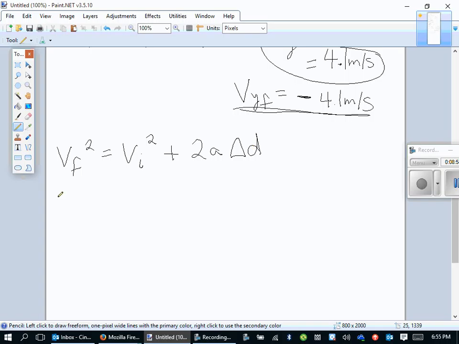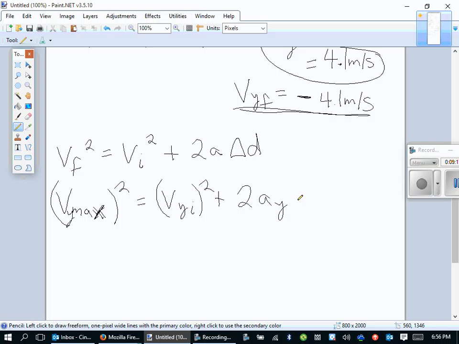So my V final, I'm doing this at the max, my Vy max squared equals my Vy initial squared plus 2 times my acceleration in the y direction times my displacement. I can just write displacement instead of changing. I know this, and I know this, so I can solve for d.